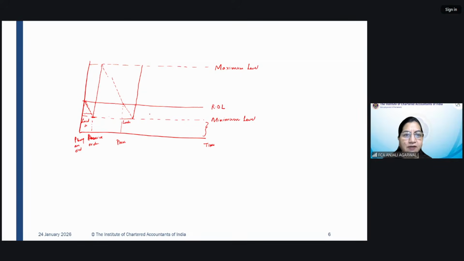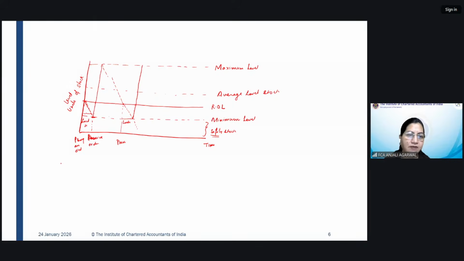And in case you did not receive the inventory till this point also, you can count on your safety stock here. Safety stock here can be used, right? And somewhere in between, you will find an average level. This should be your average level of stock.